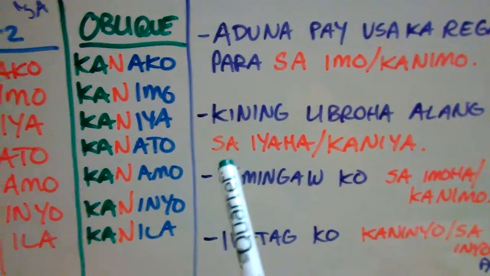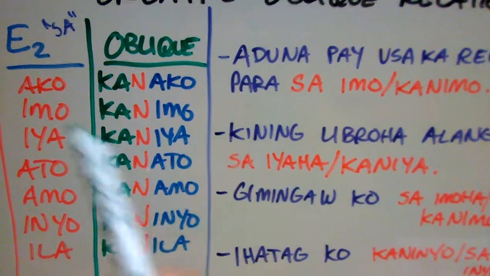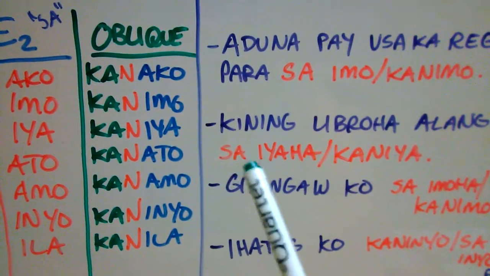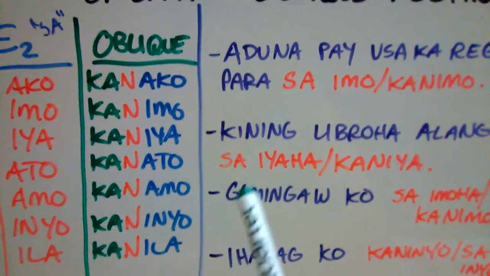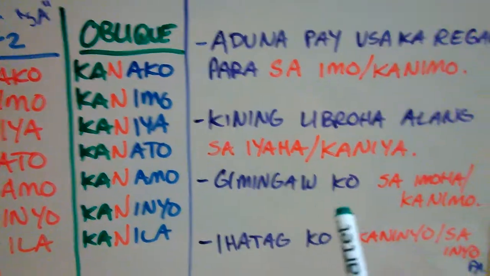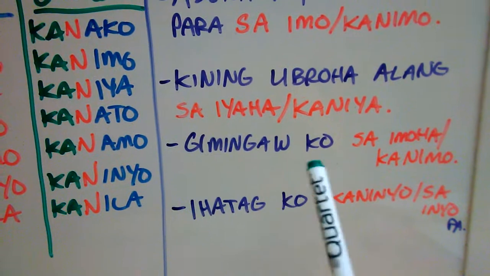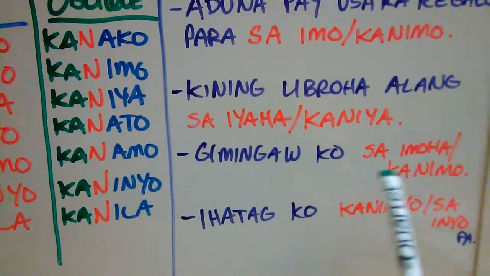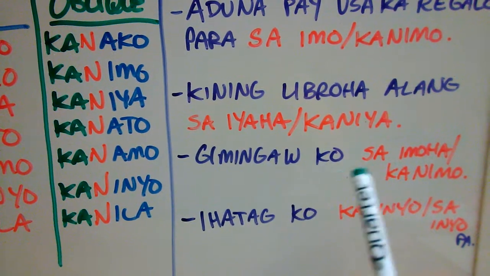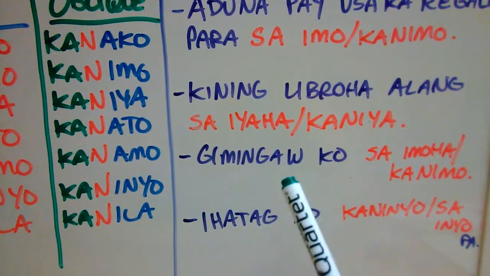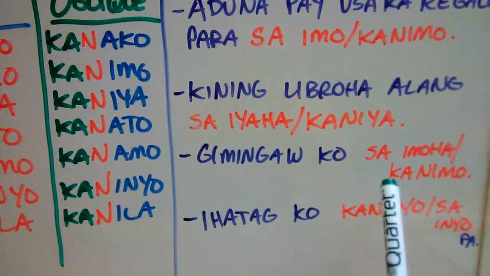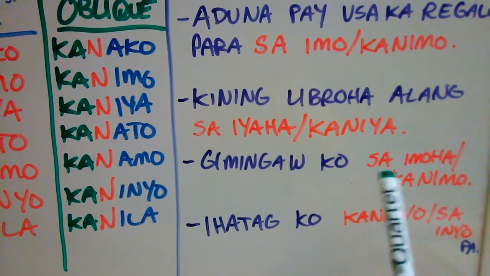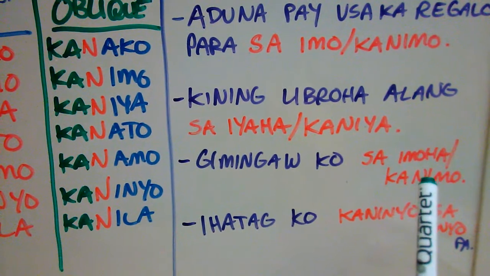And this is what I mean by the sa, because you have to have a sa here, with that sa as the ergative preposition, the pre-word. Next one is gimingaw ako sa imo ha. Gimingaw ako kanimo. Now, even though in a previous video I said gimingaw ako nimo, nimo is the ergative postposition, the full form of the postposition, and that works too.